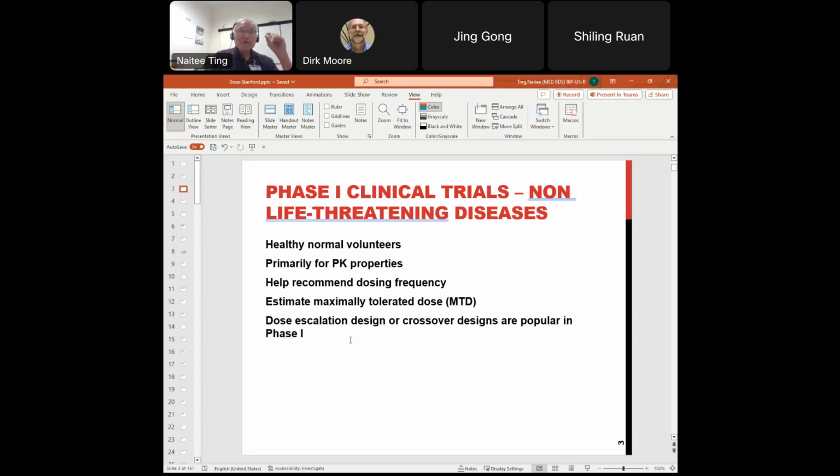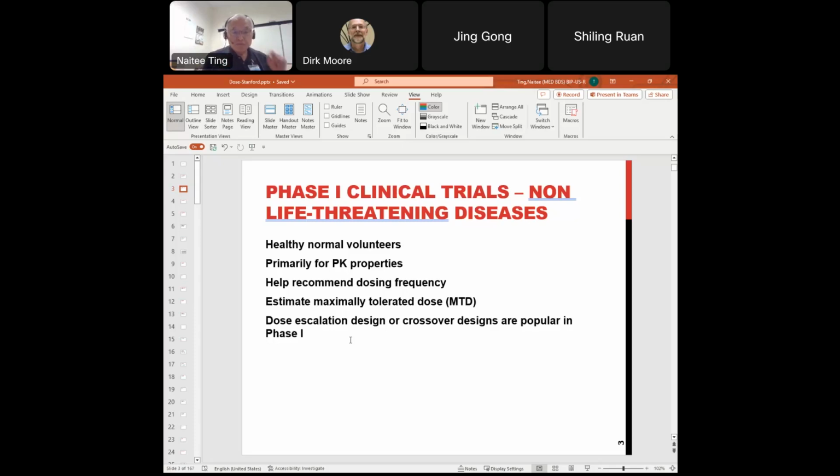Remember I said the first phase two trial is a proof of concept trial. This is the first opportunity you get to see drug efficacy, because before phase two, in all of the preclinical studies and phase one studies, we never get to see whether this drug works in human patients or not.